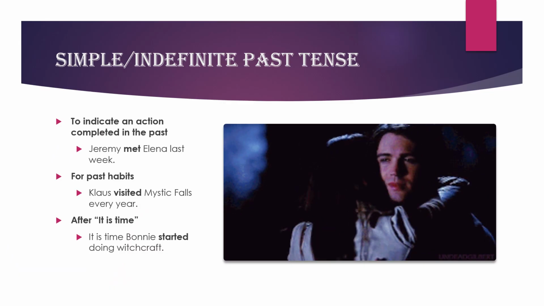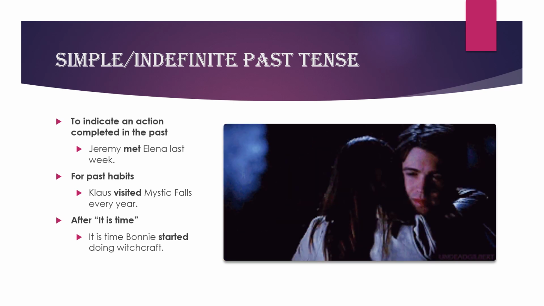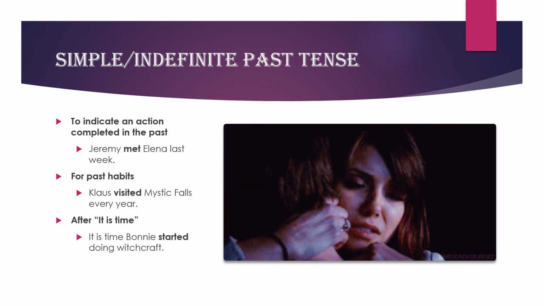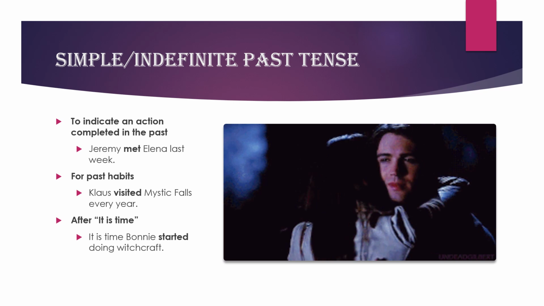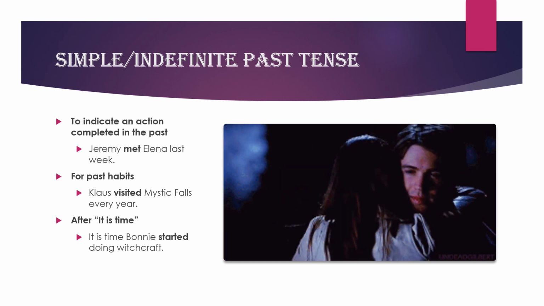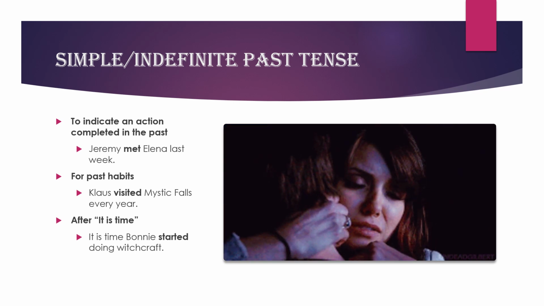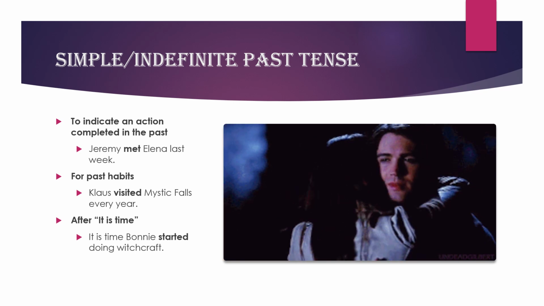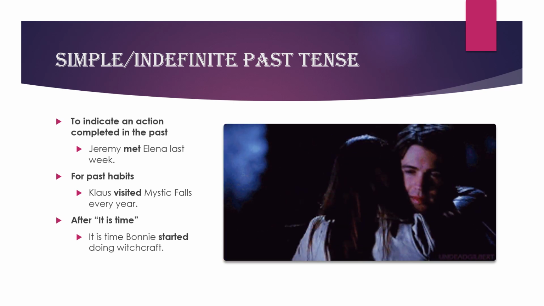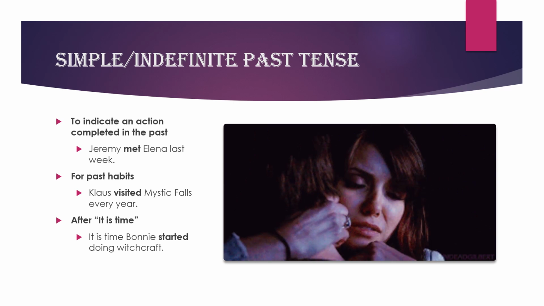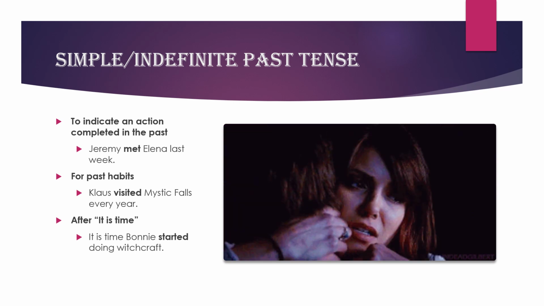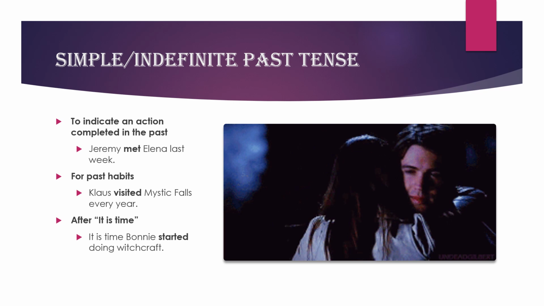The first category of aspect derived verb tense is the simple or indefinite past tense. Now, these may be used to indicate an action completed in the past. There was certain action that is now complete and we are then talking about it, but again it is not giving you a definite definition of the action.